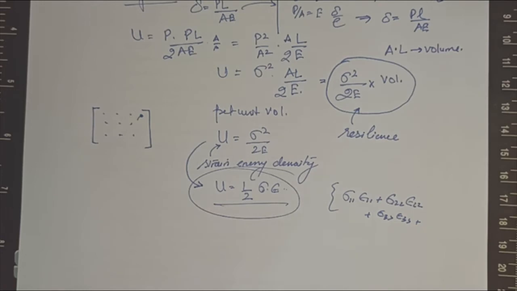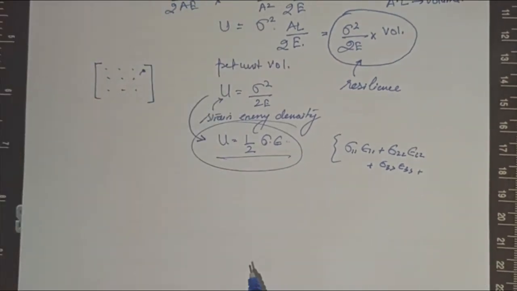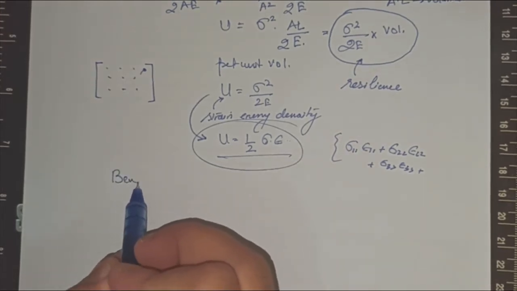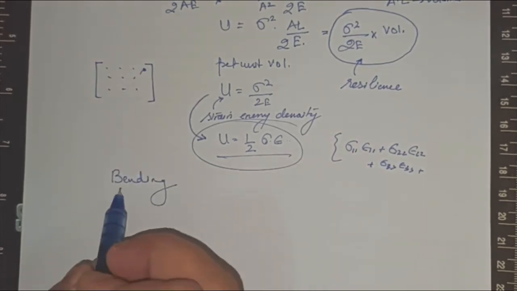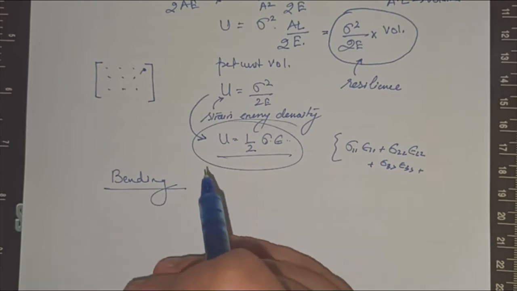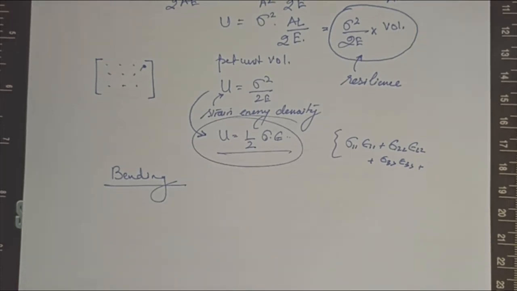Okay, so now let's talk about another kind of loading condition, which is also known as bending. Since we are going in a stepwise direction, let me tell you something about bending.